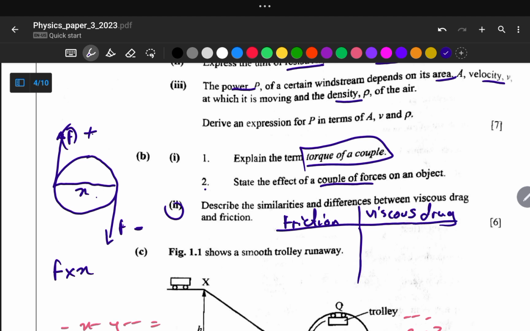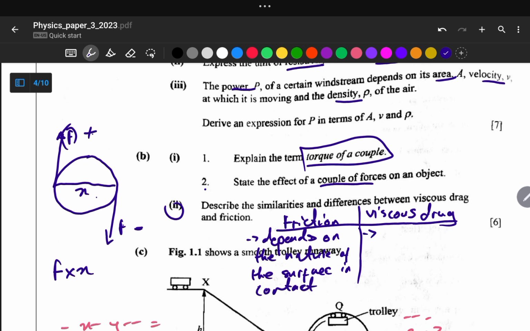Under friction, it depends on the nature of the surface in contact.